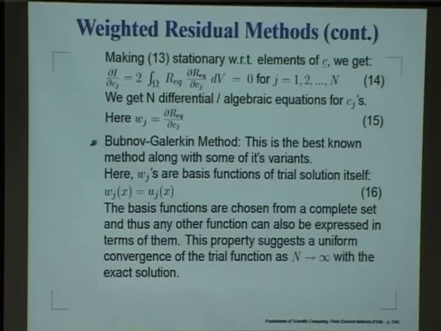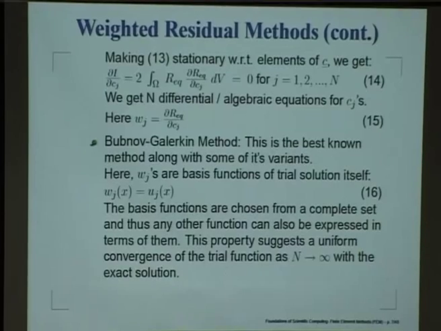Okay. So, if I do that, what I would need to do is I will just simply differentiate the objective function or the functional I with respect to each of the Cj's, and that would actually give me this, because your function was r square. So, when I differentiate it with respect to Cj, I will get 2 R equivalent times the partial of that R equivalent equation with respect to Cj integrated over the full domain, and that is equated to 0.